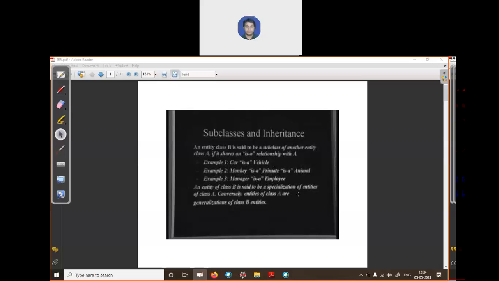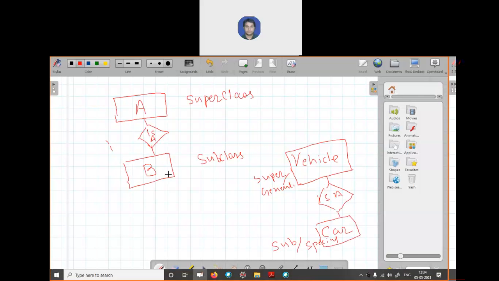And here B is inheriting all the properties of entity type A.